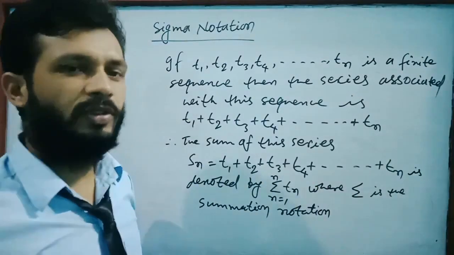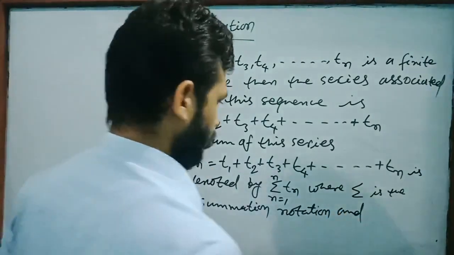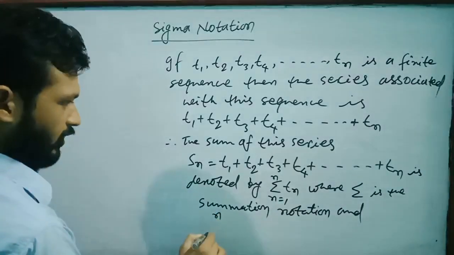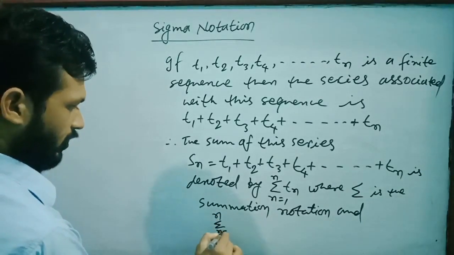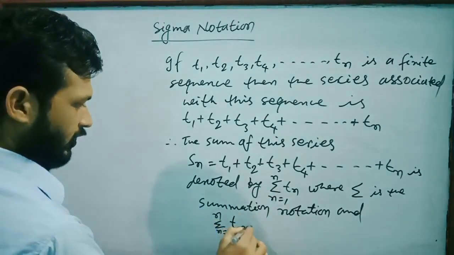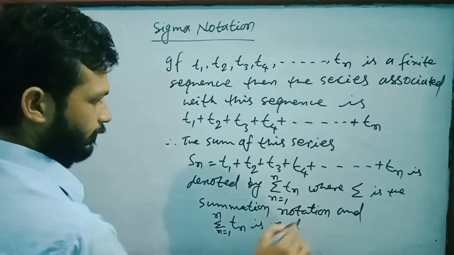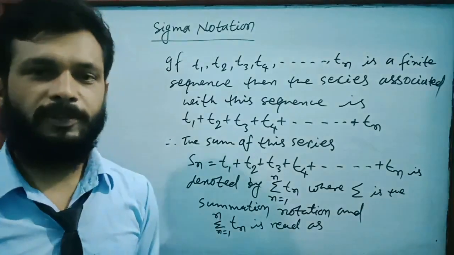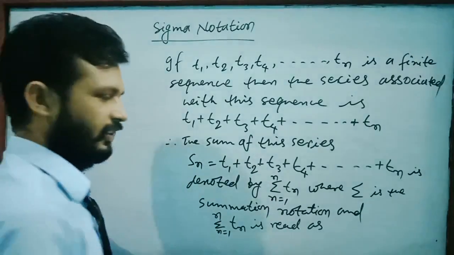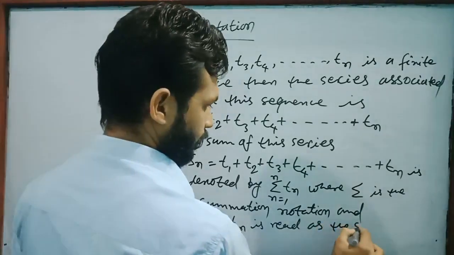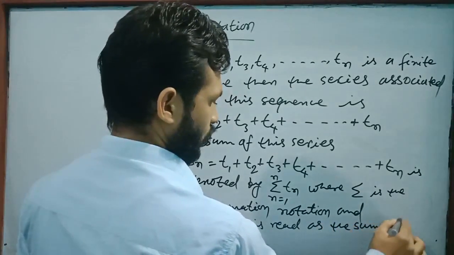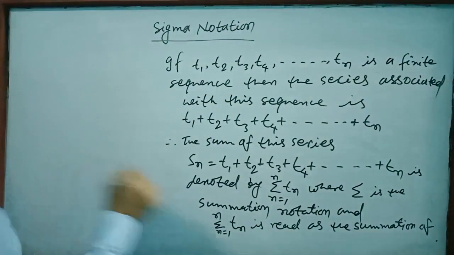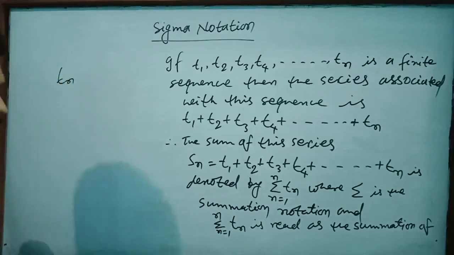And summation n equal to 1 to n of Tn is read as the summation of Tn. Understood?